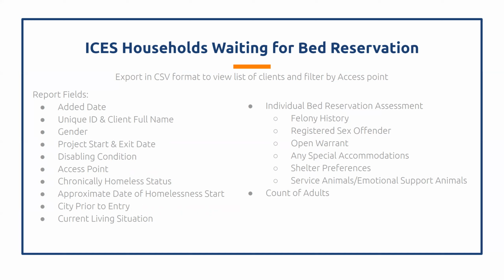So it's going to be fields regarding their felony history, any special accommodations, shelter preferences. And once again, these reports are good for verifying that the client you're working with is on the bed reservation queue, but also reviewing their information regarding preferences and eligibility so that they are eligible and prioritized for the correct projects.